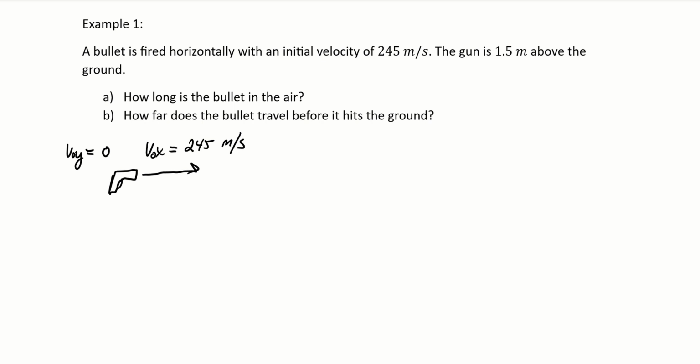Okay. The other thing we know is that the gun is 1.5 meters above the ground. So we can do our position here. I'll just do the y position of the gun and the ground. I'm going to call the ground 0. So I get to decide what my 0 point is, and I'm going to call it the ground. I know that the gun in the y direction is 1.5 meters above the ground.